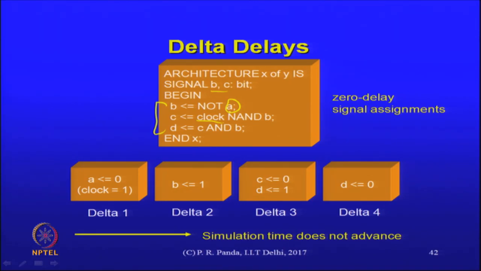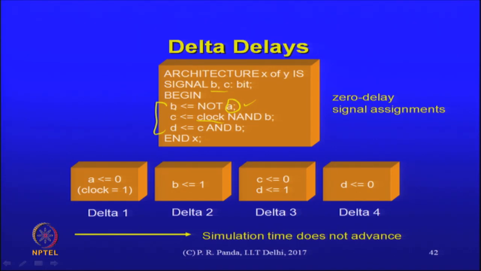But what is interesting about this sequence is that, as a result of A changing, I have that statement being triggered, but that other statement C is being triggered on clock changing, which is fine. Remember, if any signal changes in that RHS expression, then we should be re-evaluating it.